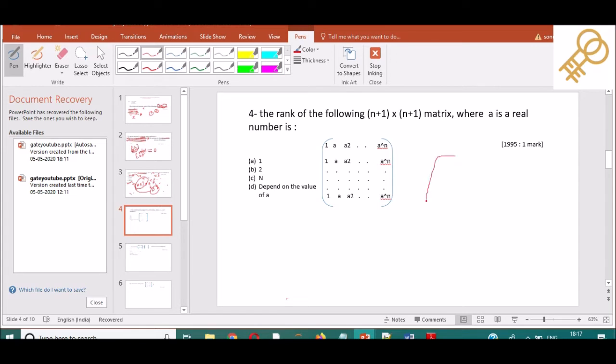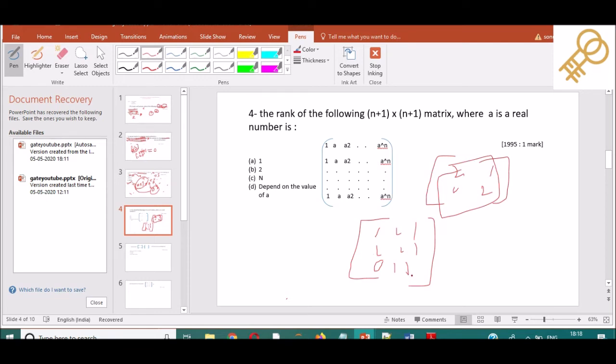For example, suppose I have a 2 cross 2 matrix. Here there will be only four elements, and there is only one possibility, that is the 2 cross 2. But in a 3 cross 3 matrix there will be 9 elements, and there will be more possibilities.